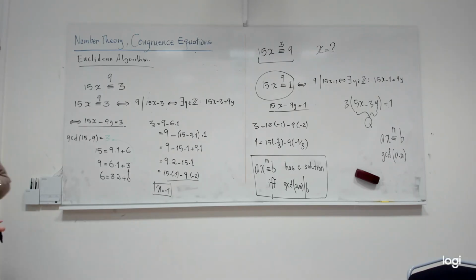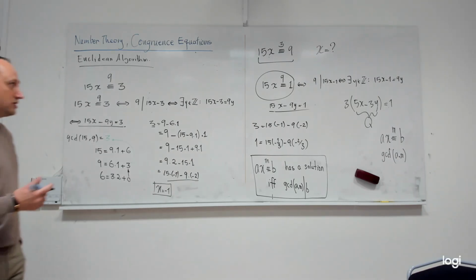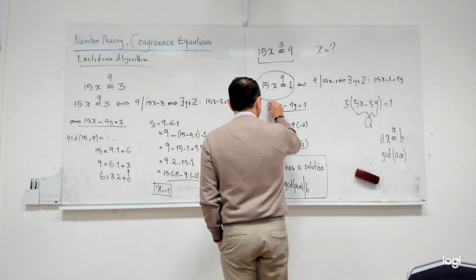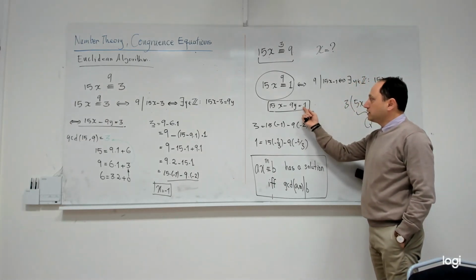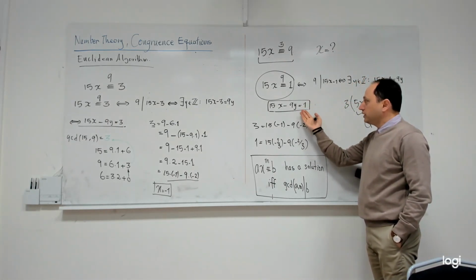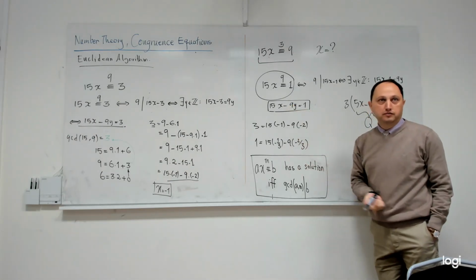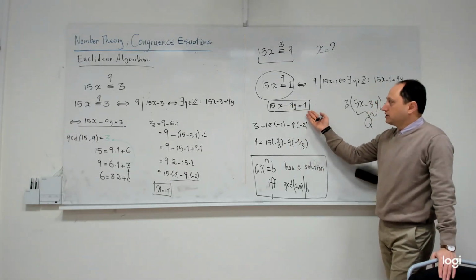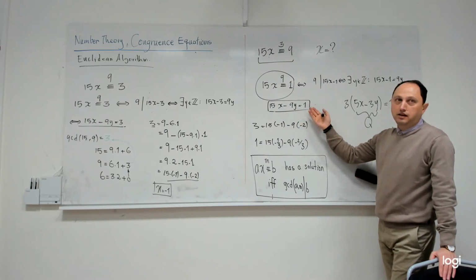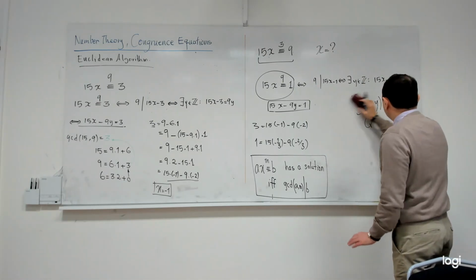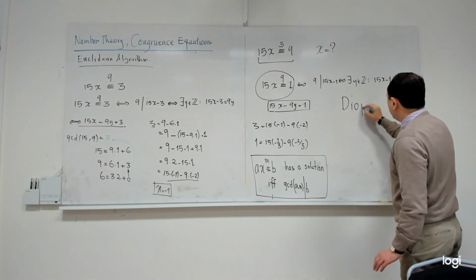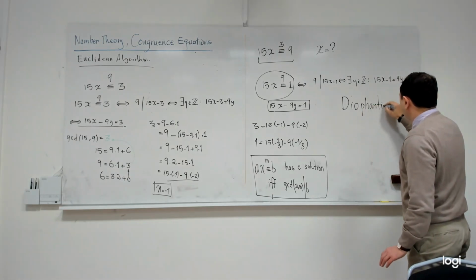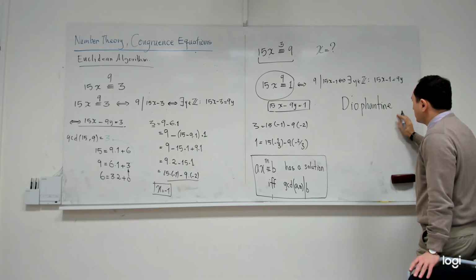By the way, there is a name here I see now, so let me tell you the name as well. These equations in number theory are ubiquitous. You have a number of equations, but the number of unknowns is more. These kinds of equations, where the number of unknowns is more than the number of equations, are called Diophantine equations.